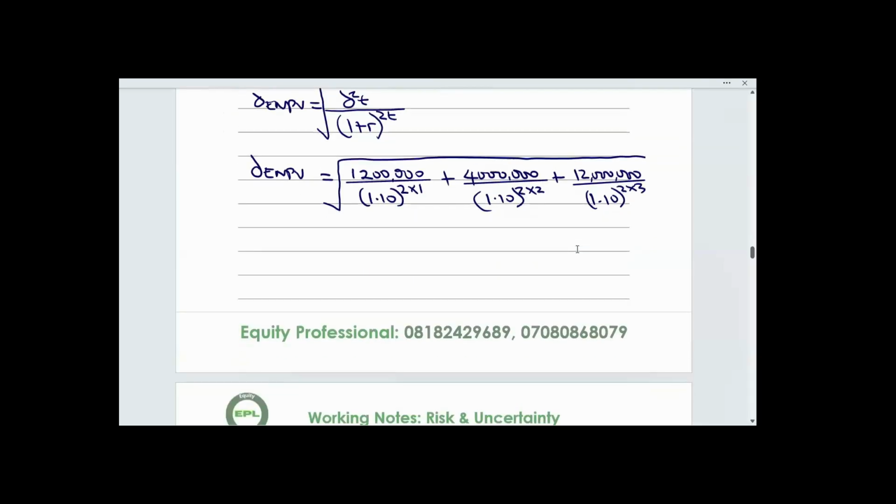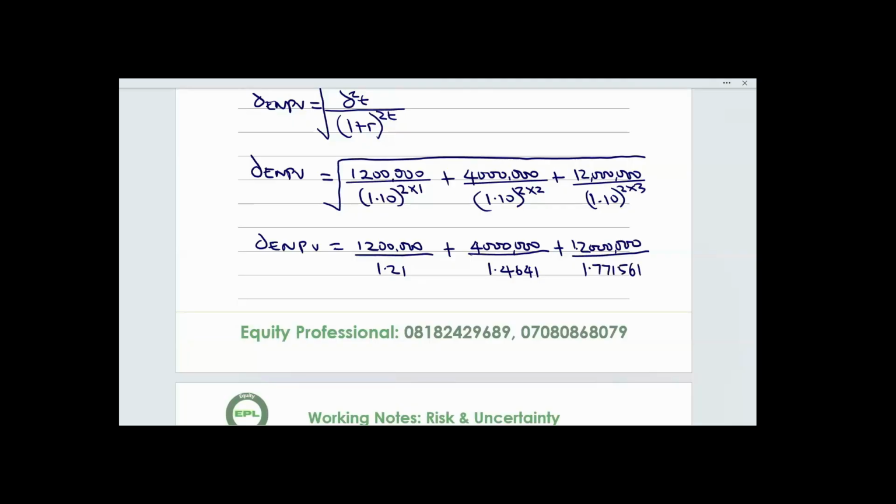So standard deviation of expected NPV will be equal to 1.2 million divided by 1.1 raised to power 2, which gives 1.21, plus 4 million divided by 1.1 raised to power 4, which gives 1.4641, plus 12 million divided by 1.1 raised to power 6, which gives 1.771561.